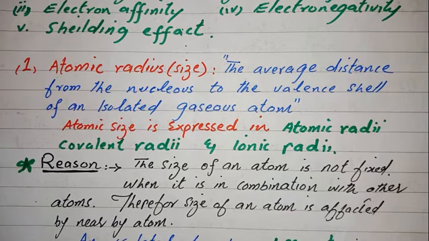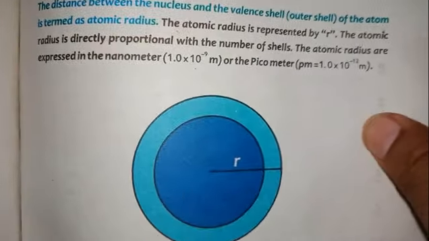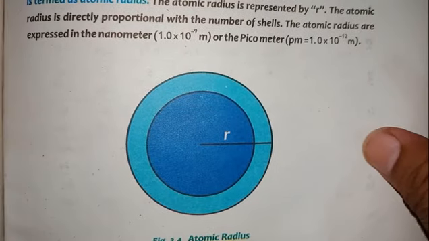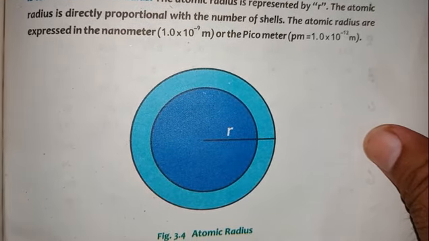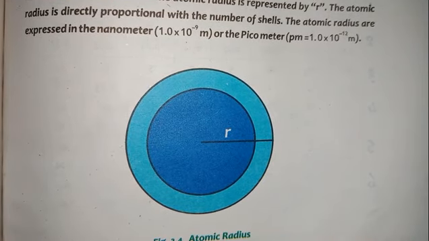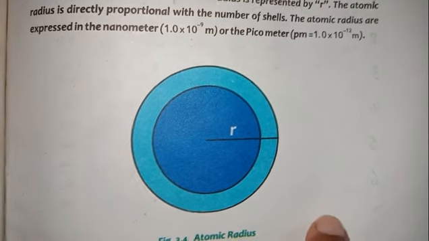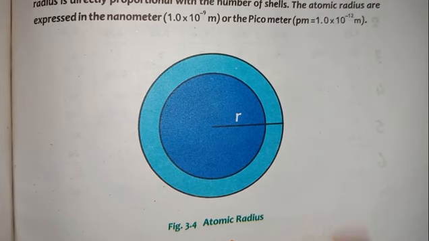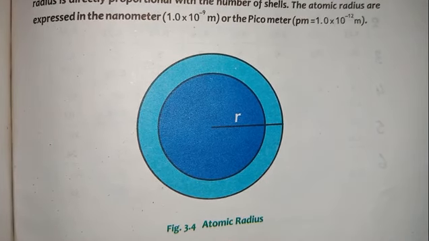We know that the size of an atom is not rigidly fixed. The size of an atom in different molecules is different. It means that the size of an atom is affected by the other atom when it is in combination.